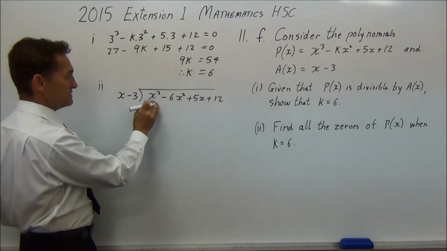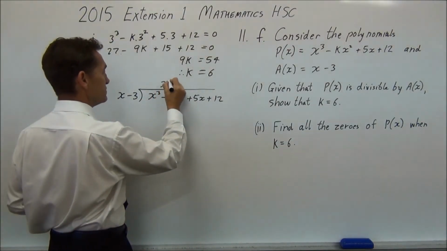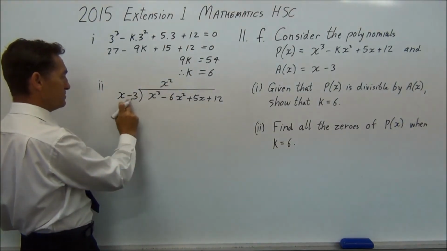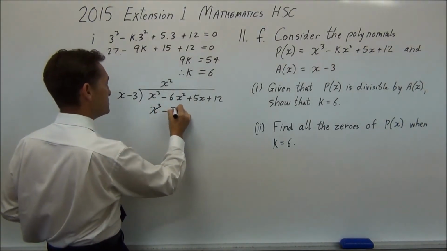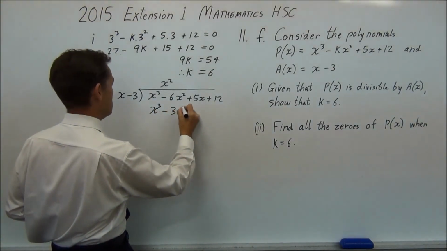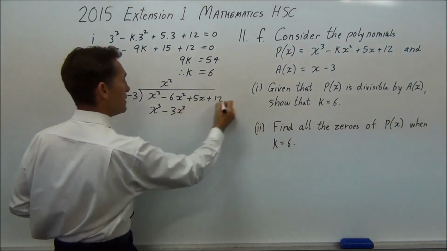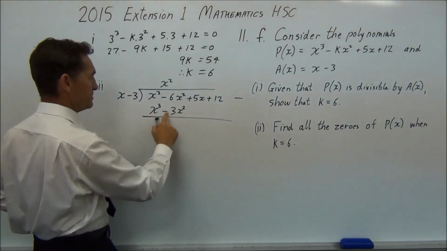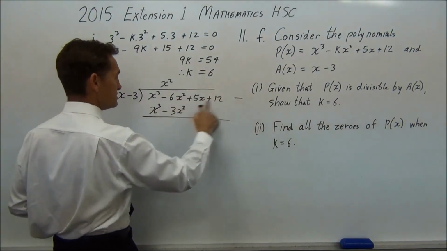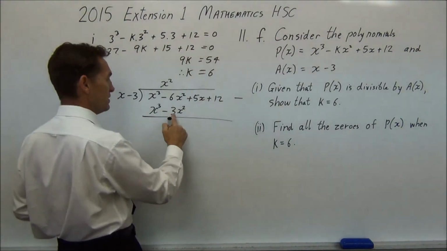So x into x cubed goes x squared times. X squared multiplied by both of these is x cubed minus 3x squared. Subtract, put a line, that take away that, 0. Minus 6 minus minus, which is a plus, 3x squared.